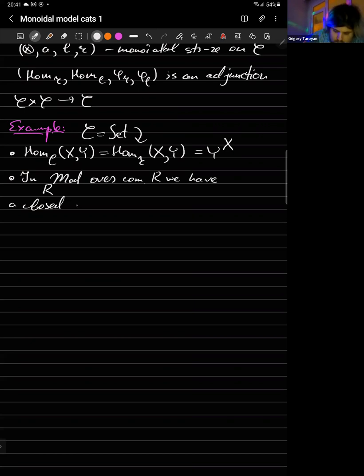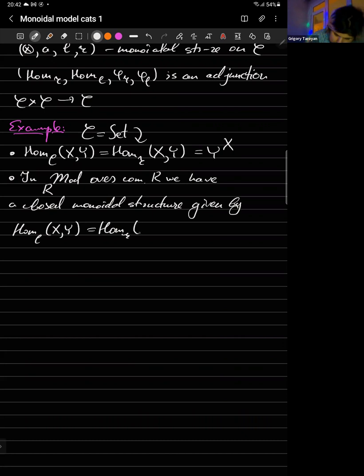So in modules over commutative R, we have a closed monoidal structure given by just the usual module of homomorphisms.